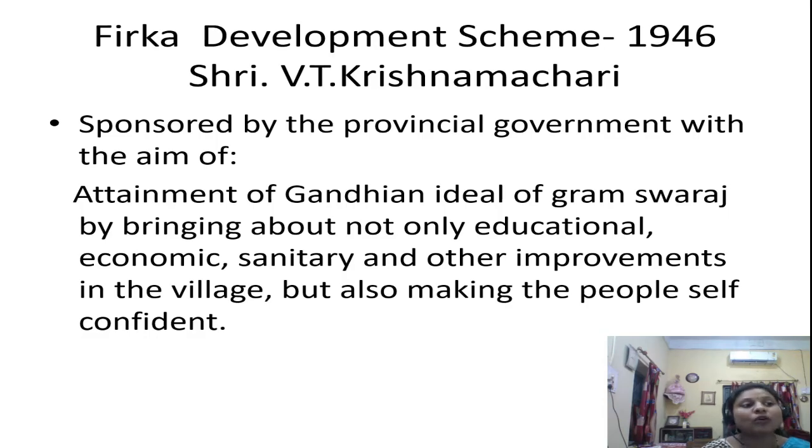The aim of this particular program was attainment of the Gandhian ideal of Gram Swaraj by bringing about not only educational, economic, sanitary and other improvements in the village, but also making people self-confident.